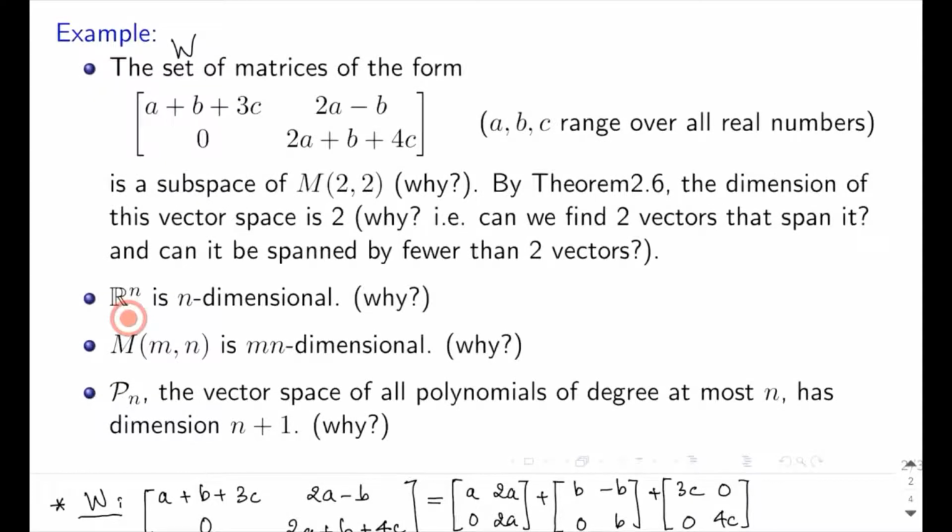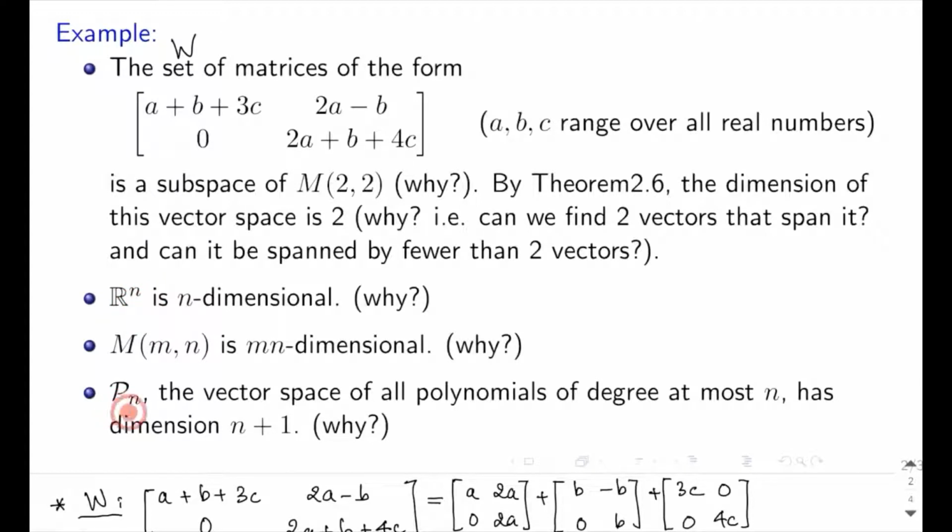Rn, the collection of n tuples, or the collection of all column vectors with n entries on the column, is n dimensional. All right, you may say that is trivial because we have Rn, so the n here has to be the dimension. Well, don't let the notation fool you.